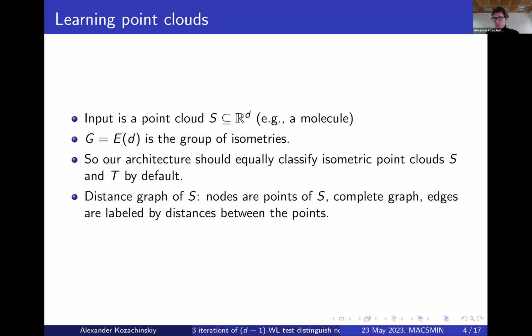And the idea why we can try to use the same technique more or less is that we can represent S as a graph: the nodes are points of S, and for every pair of points we draw an edge, and we label this edge by the distance between the points.